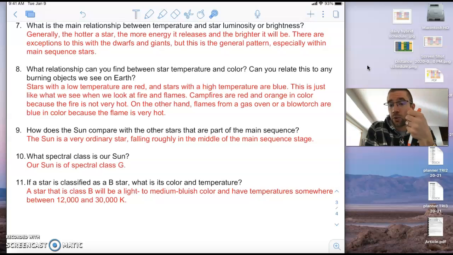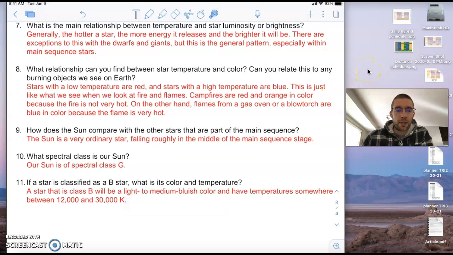That is blue, and it is extremely hot. As you move away from the source, especially with a campfire, that's when we start to see those yellows and oranges and reds. So the further away from the source of the flame, the cooler it gets. Hopefully you gathered that from your experiences.